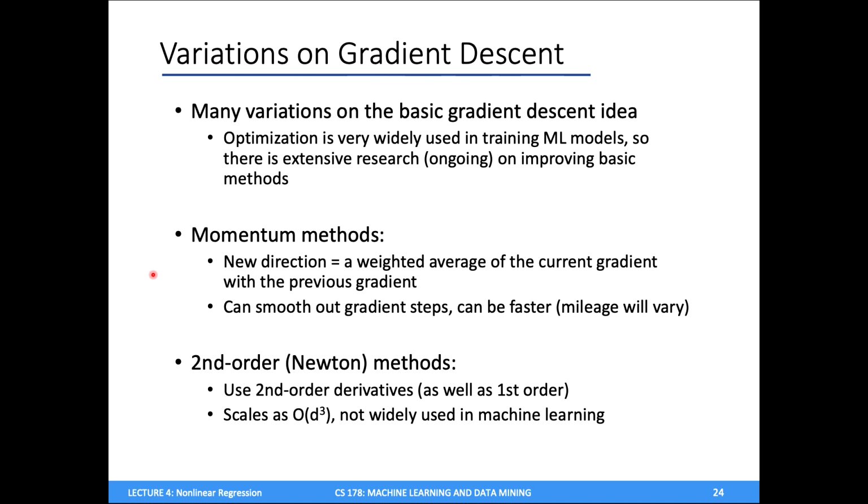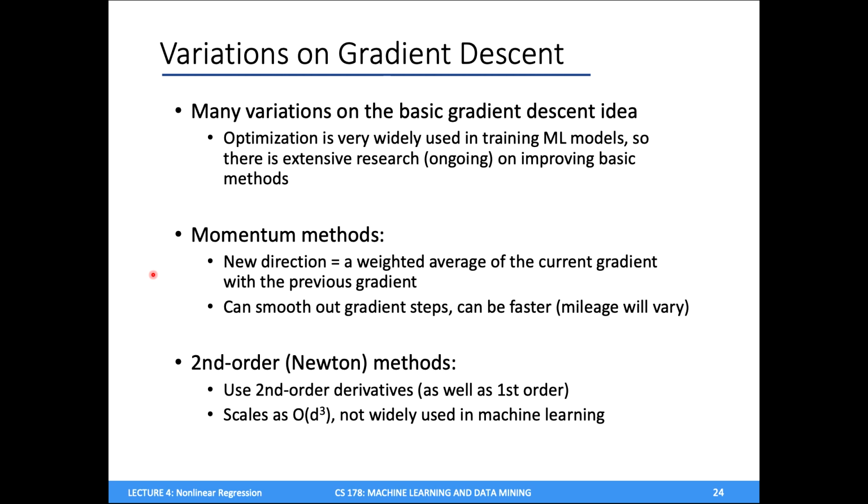What this can do is help us avoid that overstepping problem, where we shoot over a minimum because we're taking too large steps. Often this can also smooth out gradient steps. So we saw that example of the very sharp loss function where our gradient descent iterates bounced around. And those momentum methods can really help solve those types of problems as well.